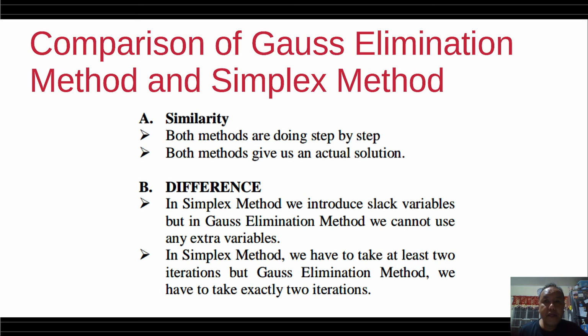Now, comparing Gauss elimination and simplex method, first the similarity: both methods are done step by step. Both methods give us an actual solution. Obviously, they have the same answer. The difference: in the simplex method, we introduce slack variables, yun yung S1, S2, and S3 natin. But in the Gauss elimination method, we cannot use any extra variables. In the simplex method, we have to take at least 2 iterations.